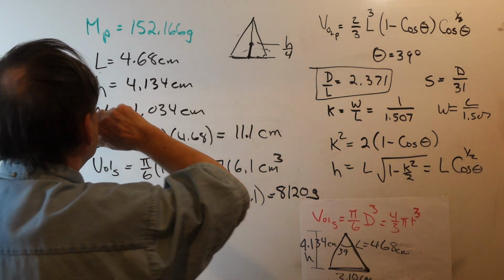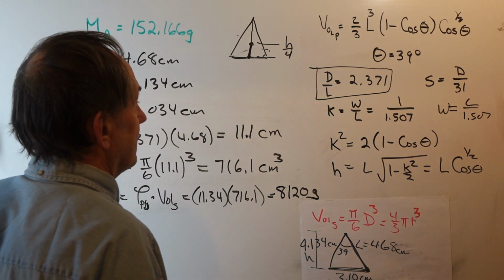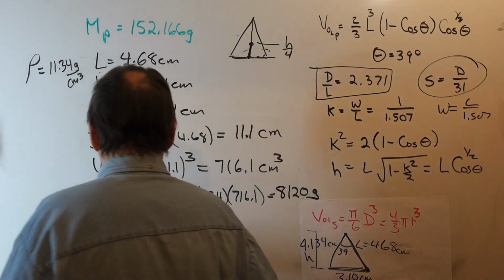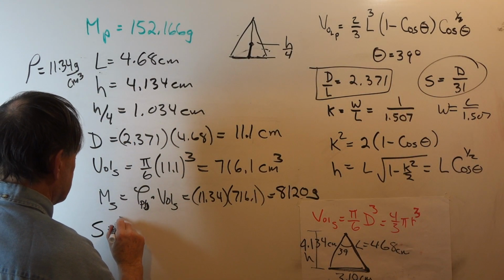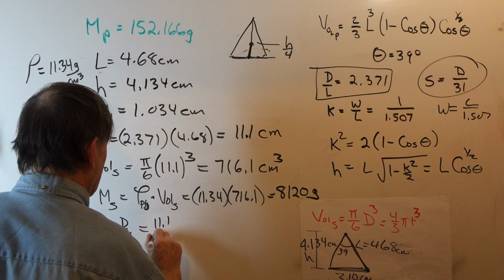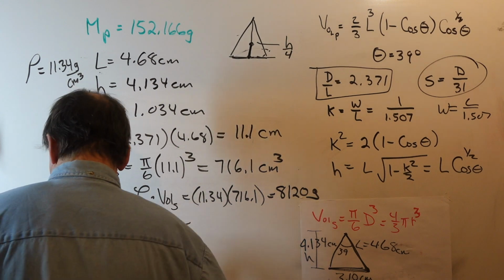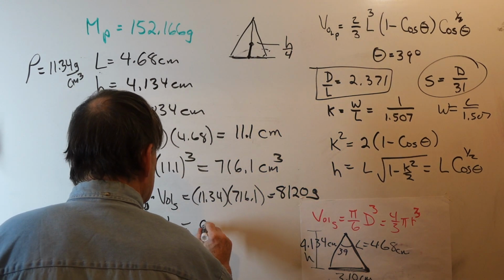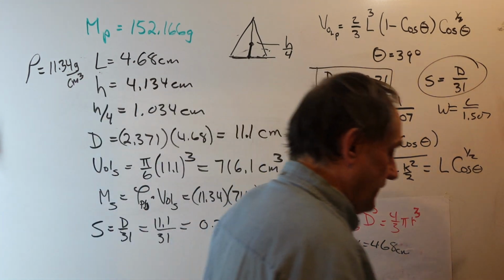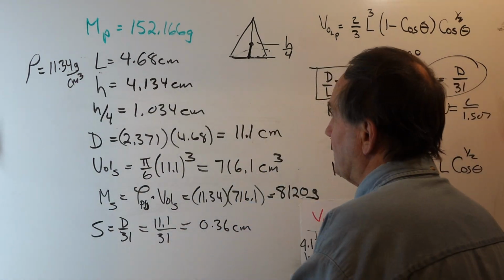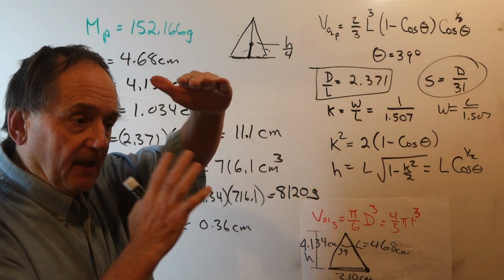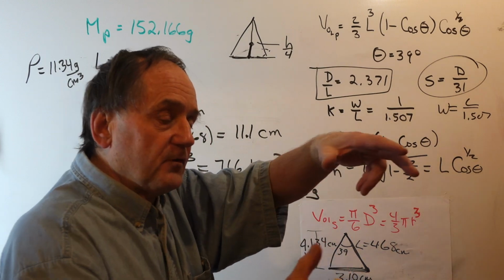Now, one last thing is we have to get our separation gap. The separation is d over 31. So S is d over 31. D is 11.1 divided by 31. And this works out to 0.36 centimeters. So now we can compute the force, the gravitational force of attraction between the pyramid and the sphere that's moved underneath it.